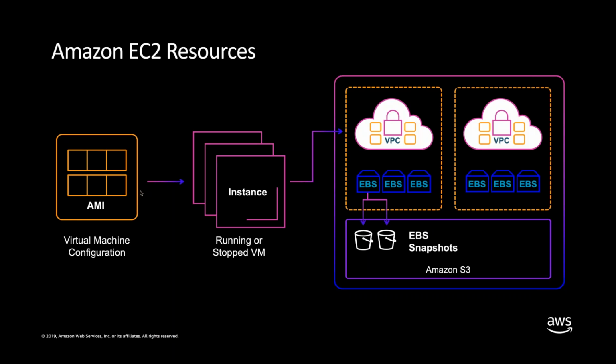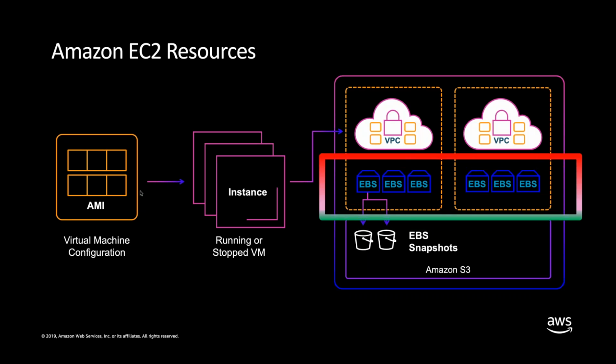For that Amazon Machine Image, or EC2, we have storage. The storage for an Amazon EC2 instance is actually EBS. This is the component showing how EBS is used in AWS.